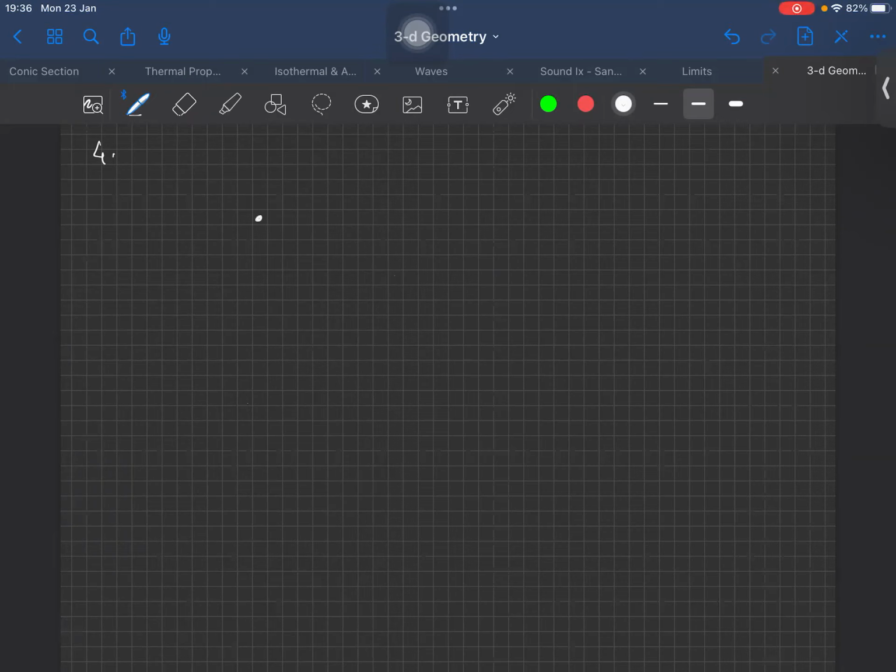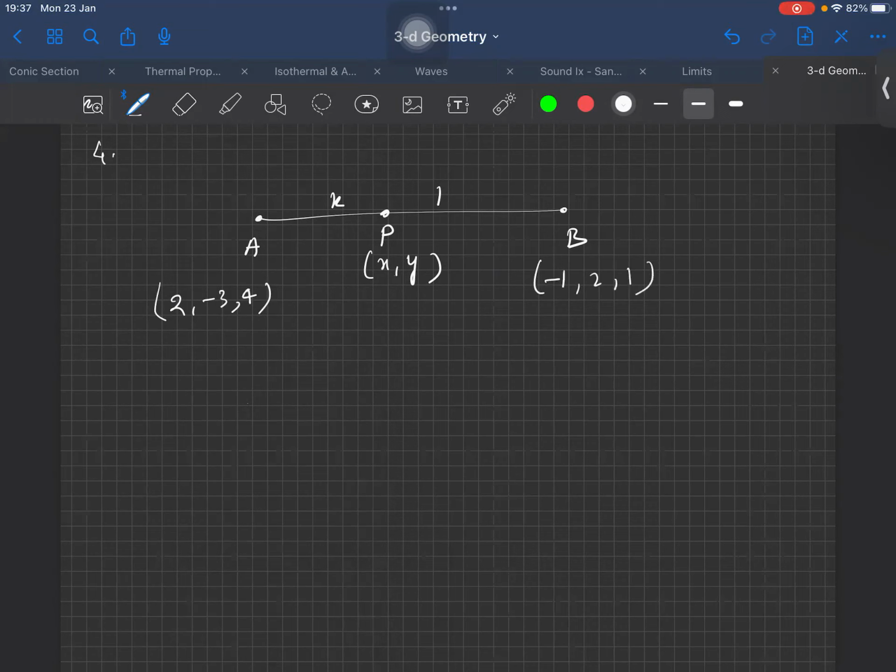So let's say A and B we have, and let's say there is a point P in the middle of it, which divides this line in k is to 1 ratio. Okay, so what will be the coordinate of this point P? This A is (2, -3, 4), and this B is (-1, 2, 1), right?